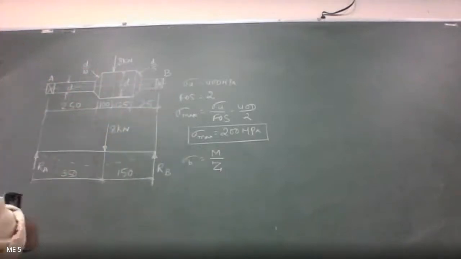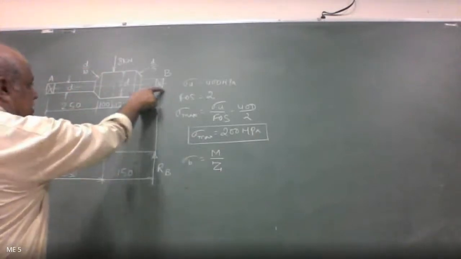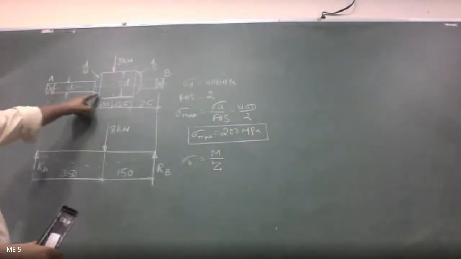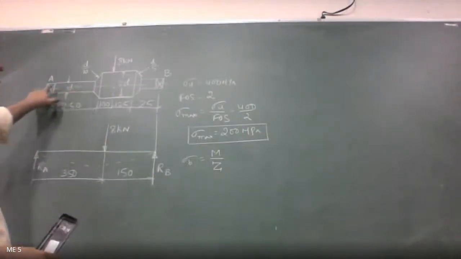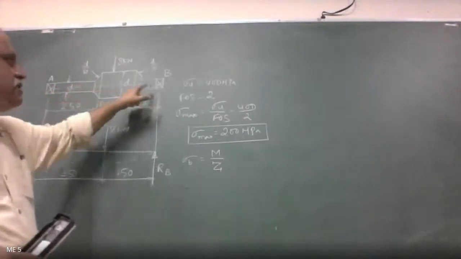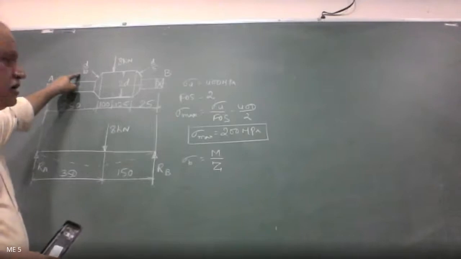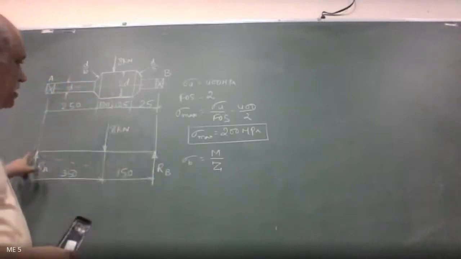Now there are two parts. One is the part with reference to bearing B, and another is the left side of the shaft, bearing A side. Because the radius is different over here, and you have got RB and RA there.